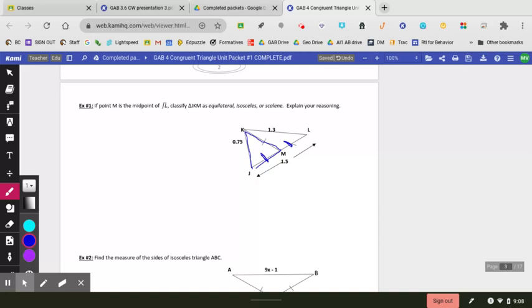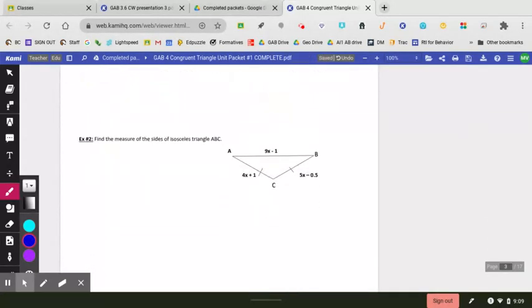If that's the midpoint, this is 0.75 because it's half of 1.5. This is 0.75, which means this is 0.75. So now if I look at JMK, all 3 sides are 0.75. Therefore, this is equilateral. All sides are equal.